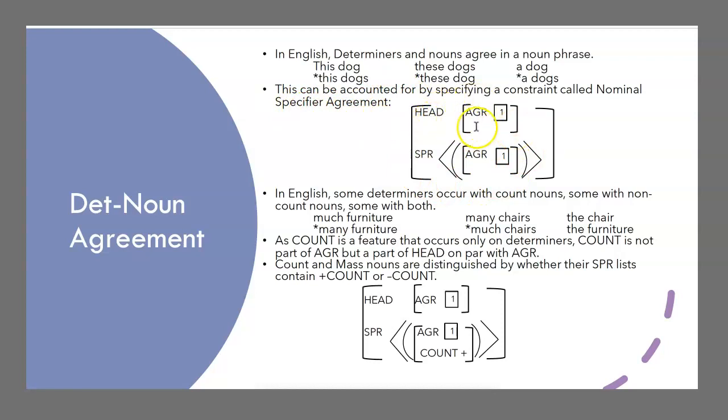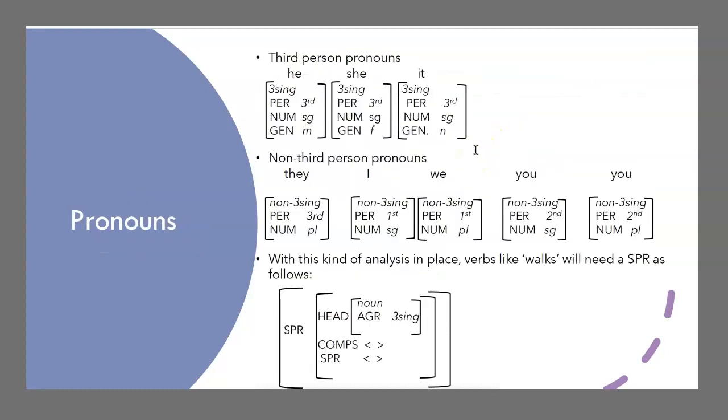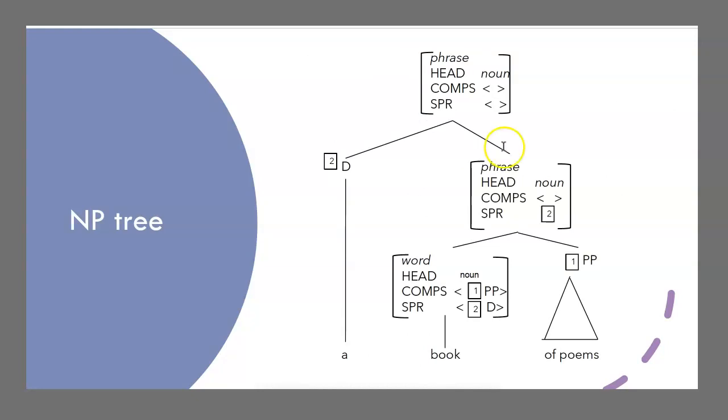The head has AGR with some value, and the specifier of that word also has an AGR, with the same value. Right? If you want to know this clearly, let's go back to the tree here.